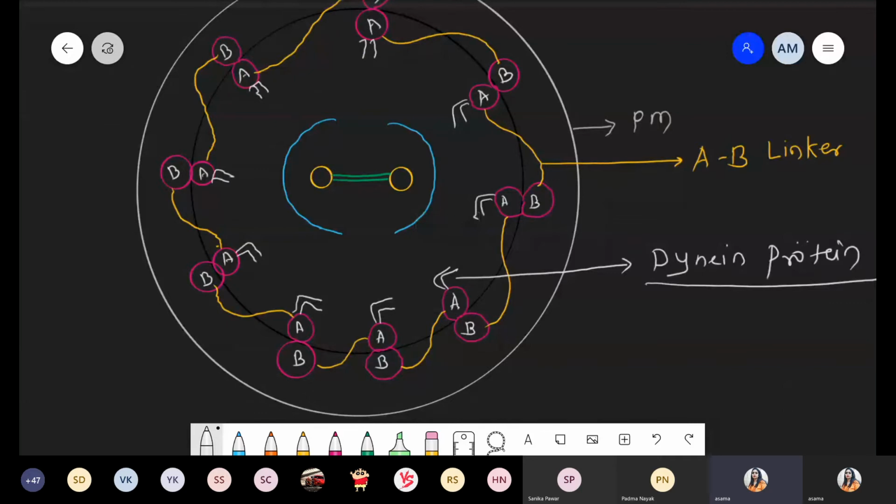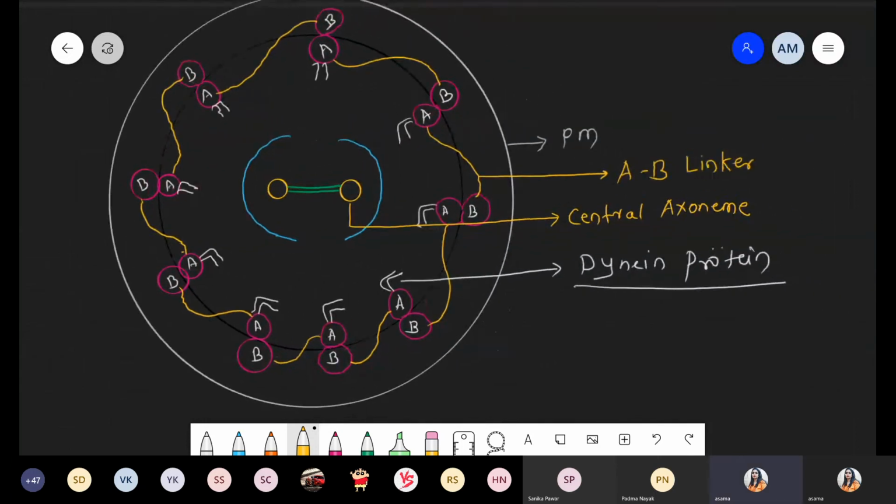You have to consider both of them. These are again made up of microtubules, but now they are not present in double form, they are present in singlet form. And since the location of that microtubule is at the center, it is called the central axoneme.